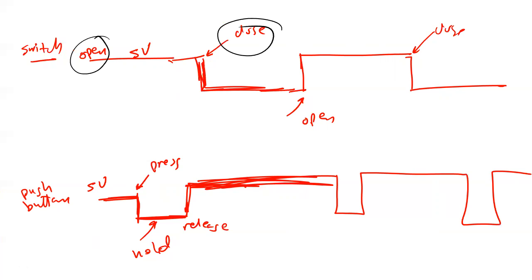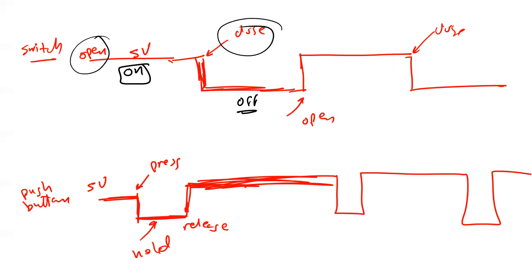If I want to use the switch to turn the system on and off, I can use one position for on, for example 5 volt, and 0 volt for the system off. So one position for on, one position for off.